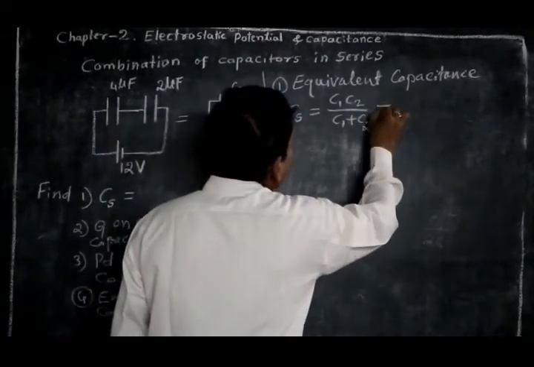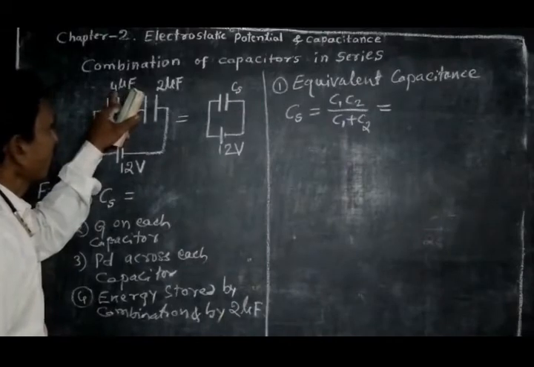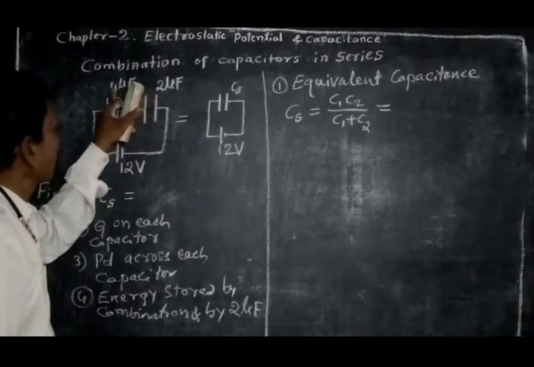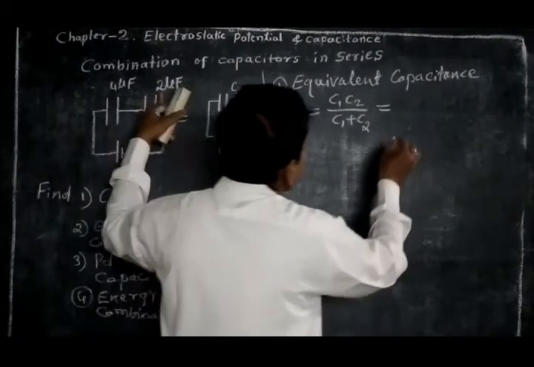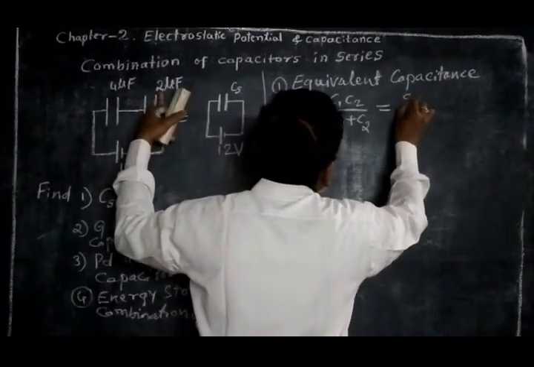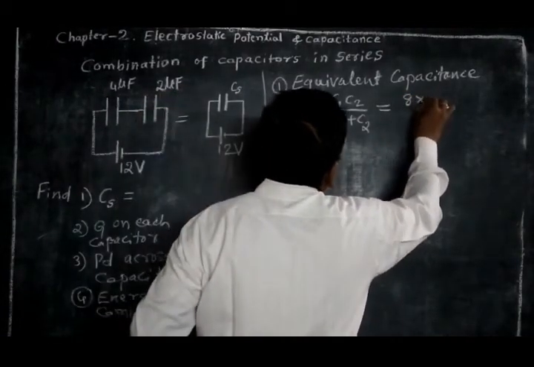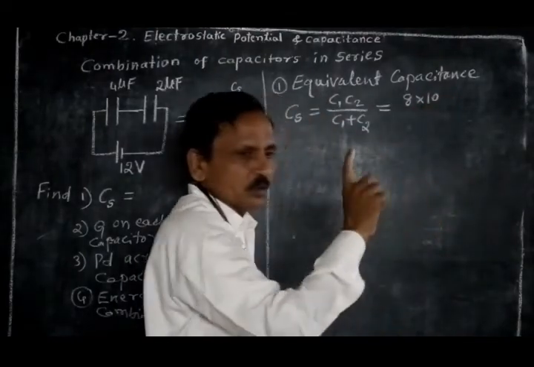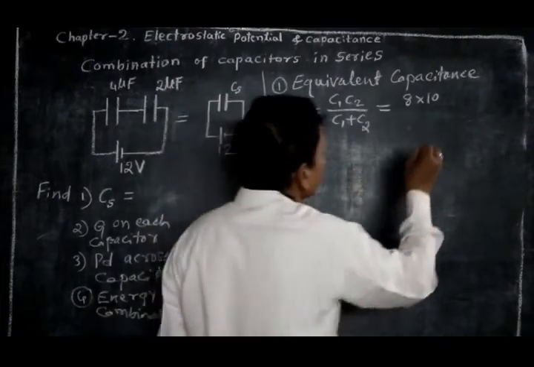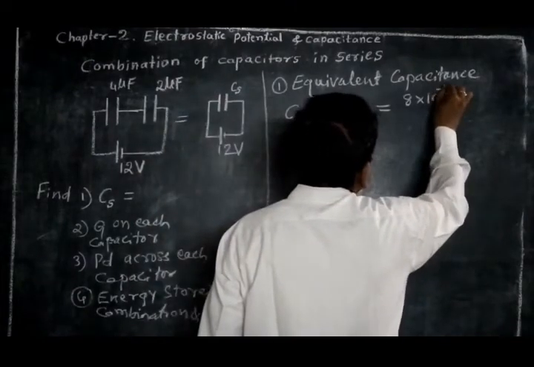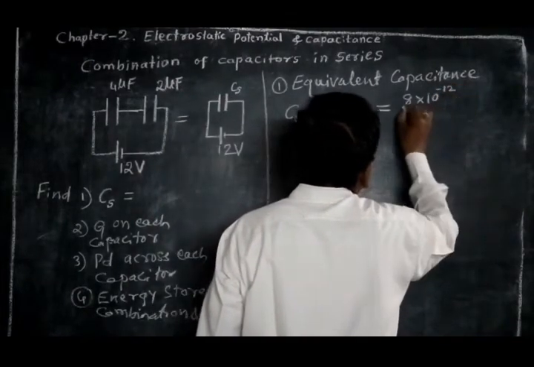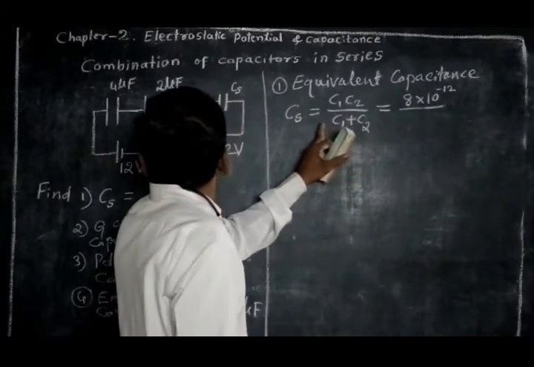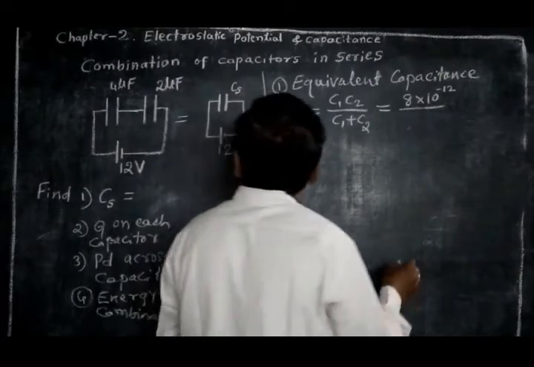That is equal to, here C1 is 4 microfarad, C2 is 2 microfarad. That is 4 into 2, 8, into microfarad, 10 raised to minus 6 into 10 raised to minus 6 equal to 10 raised to minus 12, divided by C1 plus C2, 4 plus 2, 6.